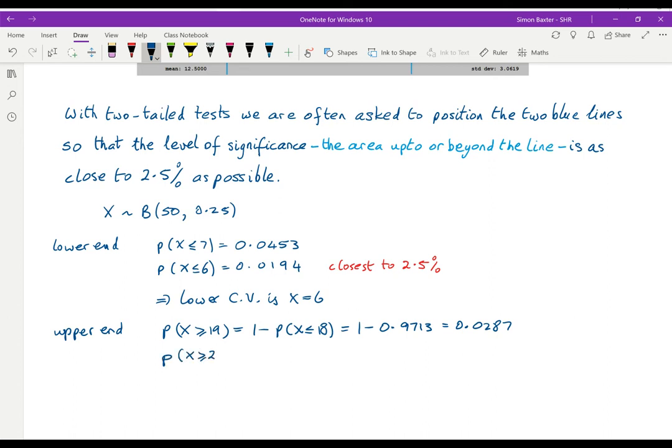X greater than or equal to 20 is 1 minus the probability that X is less than or equal to 19, which is 1 minus 0.9861, which is 0.0139. It doesn't take much to notice which of those two is closest to 2.5%.